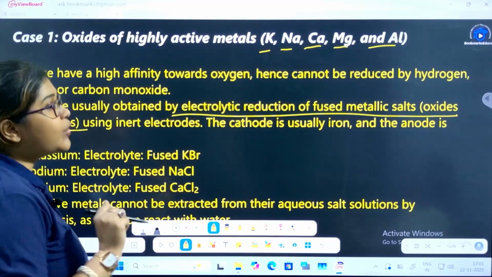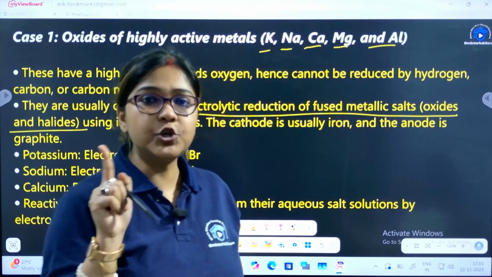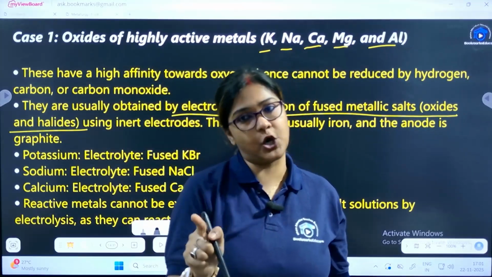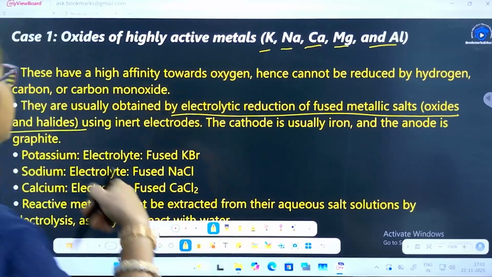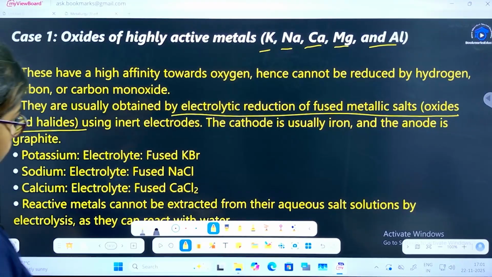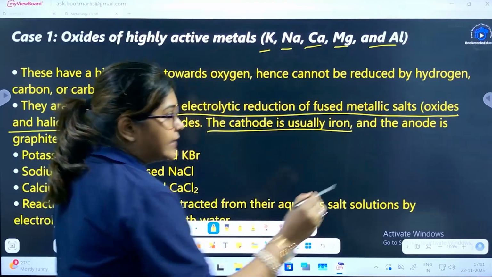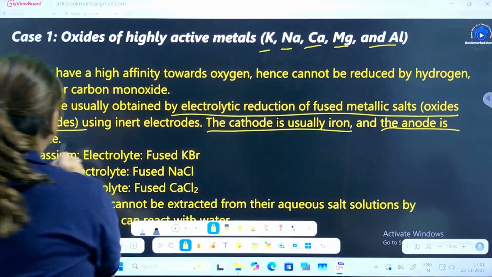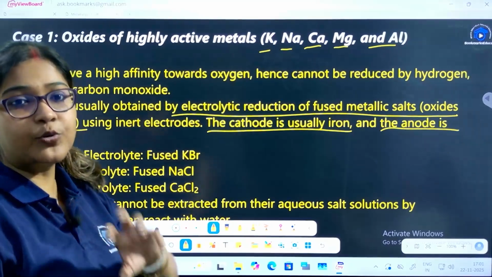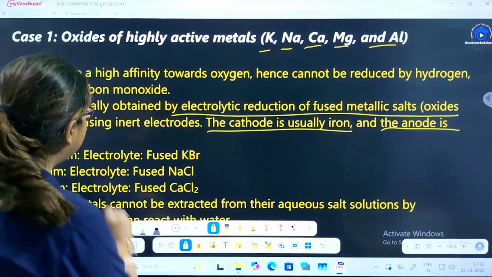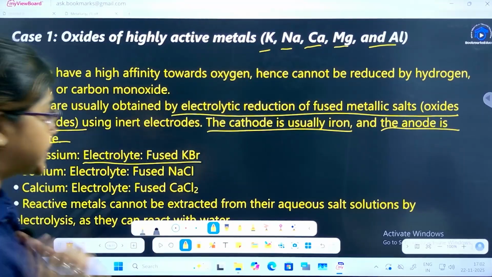So here you are using electrolytic reduction of the fused salts, either in their halide form or in their carbonate or oxide form. The cathode here is usually iron and the anode is graphite. So if you want to extract potassium metal, the electrolyte is fused potassium bromide.